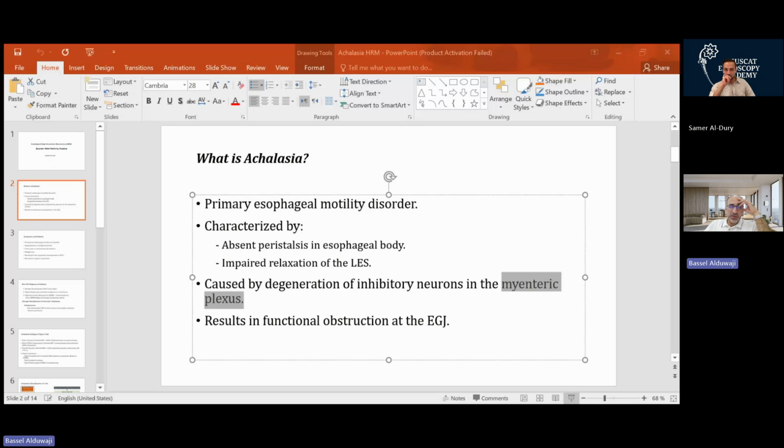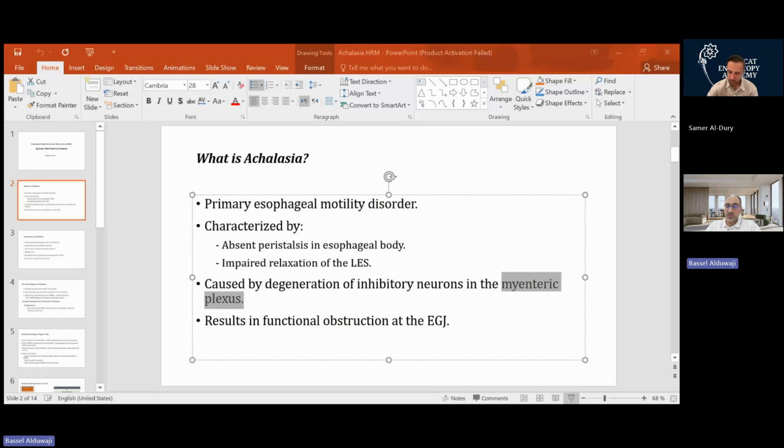Sometimes here we have to distinguish whether the heartburn is related to GERD, or whether it's heartburn as a symptom of achalasia. And by doing the manometry, we can differentiate. Sometimes, once the patient comes to the physician with heartburn, for sure they will start with the PPI, as this is the first step for GERD if the patient is suspected to have GERD.